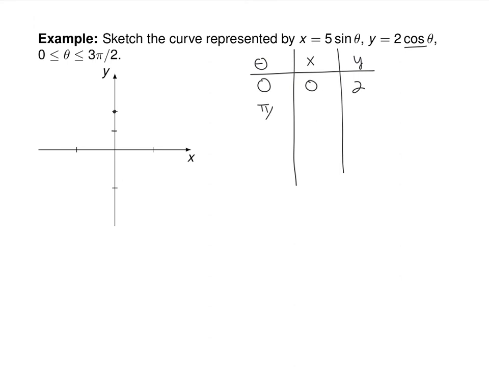The next easy number to plug in would be pi halves. When theta is pi halves, sine of pi halves is 1, so my x is 5. And cosine of pi halves is 0, so y is 0. So we've gone over to this portion.